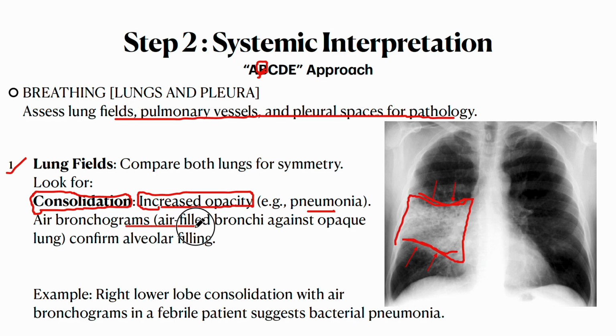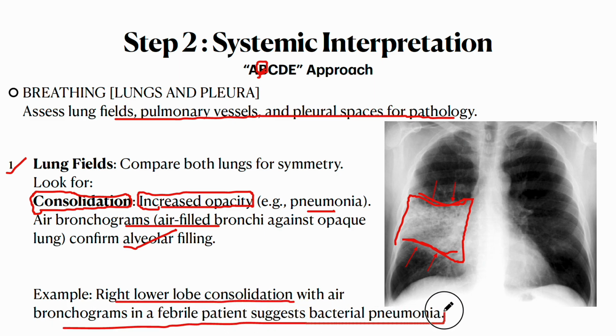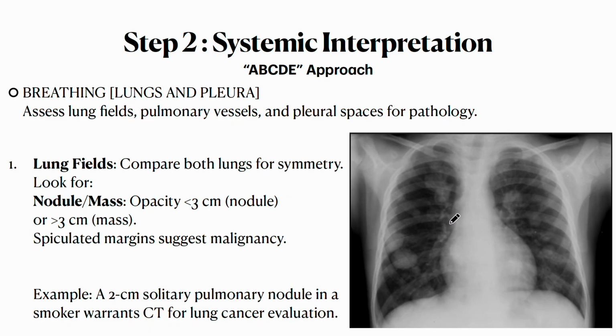Air bronchograms can be seen, air-filled bronchi against opaque lung confirm alveolar filling. That can happen. And for example, right lower lobe consolidation with air bronchograms in febrile patients suggests bacterial pneumonia. But in this case, this is right middle lobe pneumonia, right? So that is how we assess consolidation.